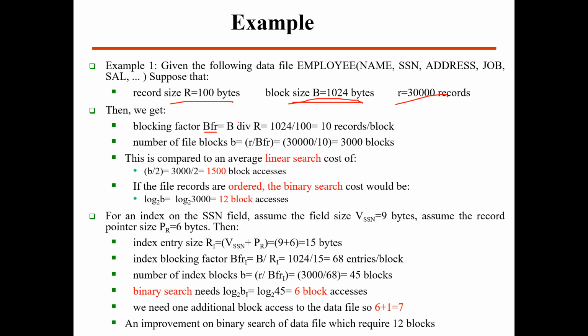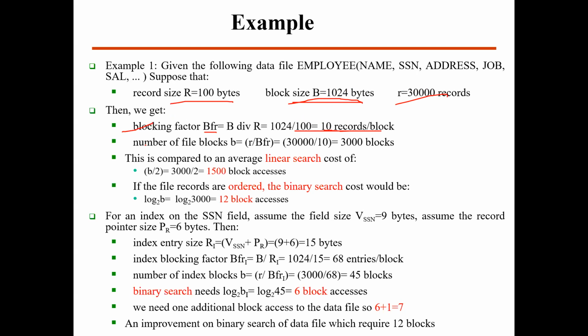We know the blocking factor is the block size, 1024, divided by the record size, 100. It gives us 10 records per block. So we need 10 records in each block when the block size is 1024. So we calculate the BFR.